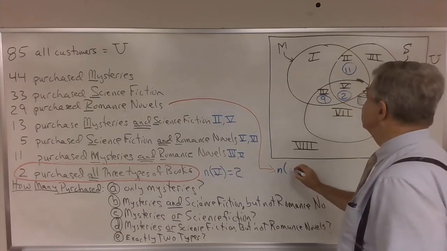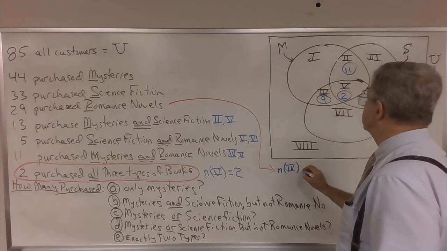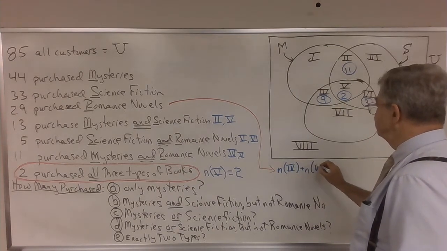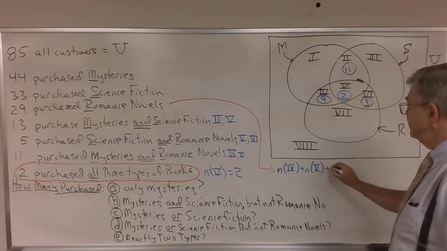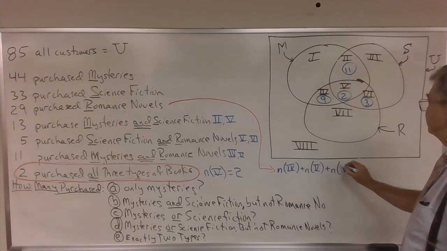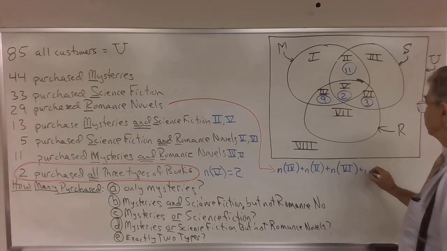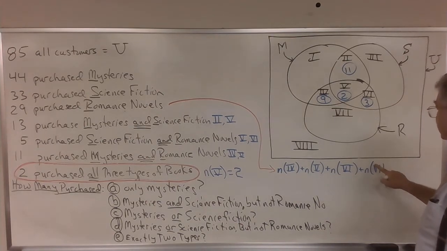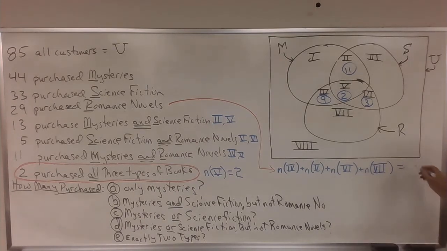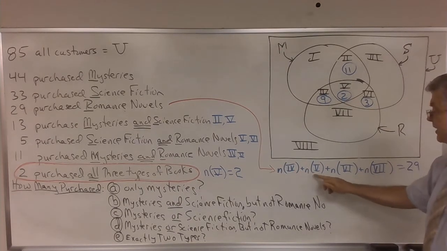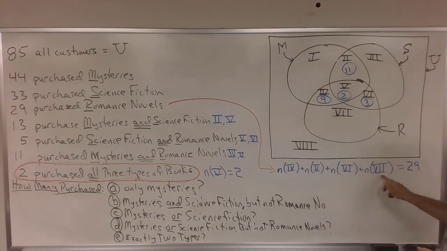The number of people in section 4 plus the number of people in section 5 plus the number of people in section 6 plus the number of people in section 7 equals 29. And we know what these 3 things are. So we can solve for what we don't know, which is region 7.